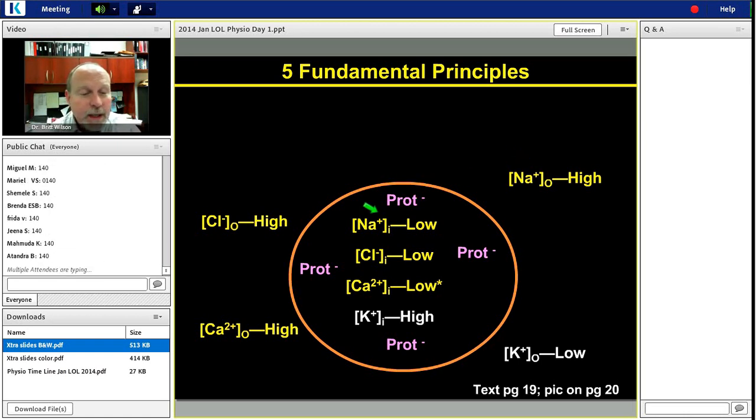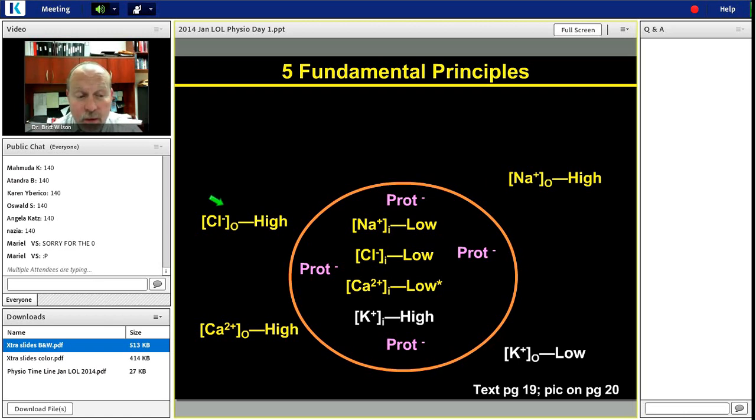What's the intracellular? We don't know and we don't care. But the big point is it's much, much lower than 140.